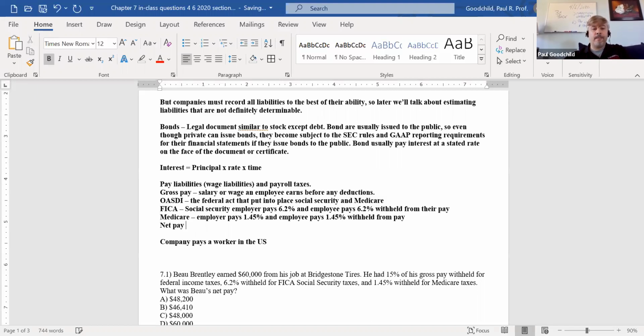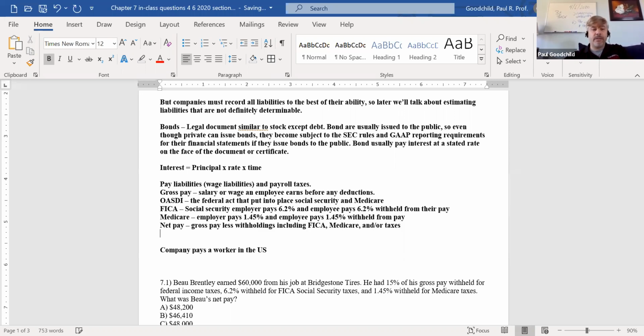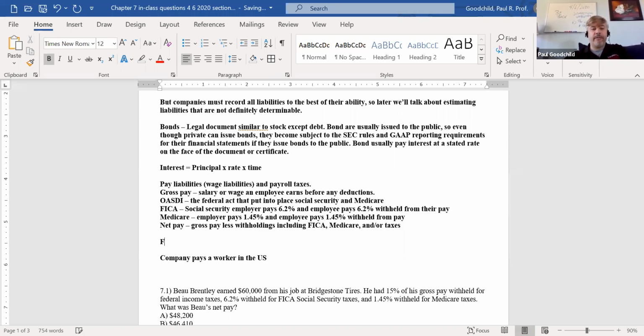And then you have net pay, and this is gross pay less withholdings, including FICA, Medicare, and or taxes. And so that's the other thing that would be withheld would be federal, state, and local taxes, if applicable, are withheld from pay.